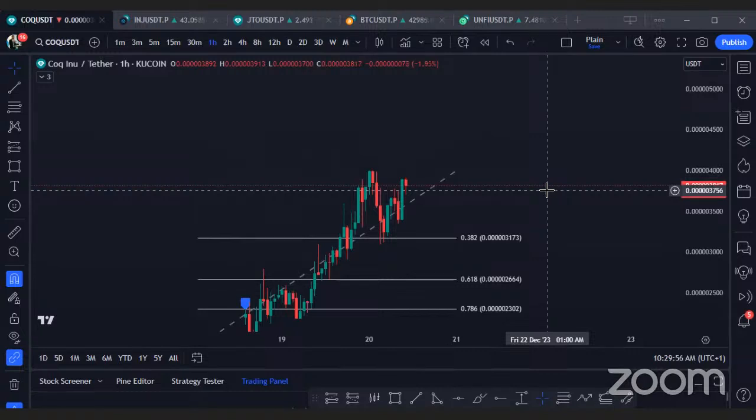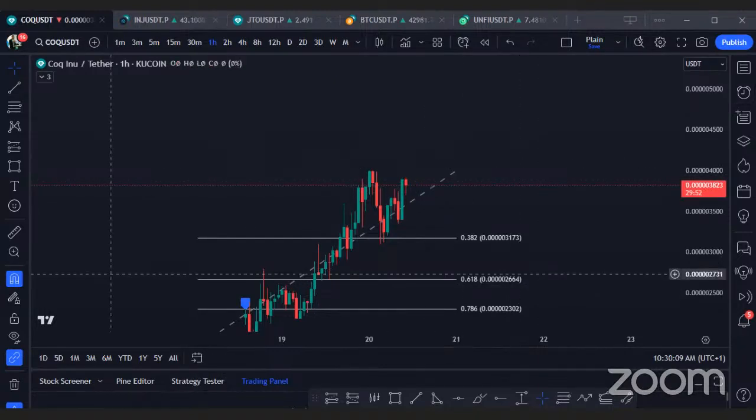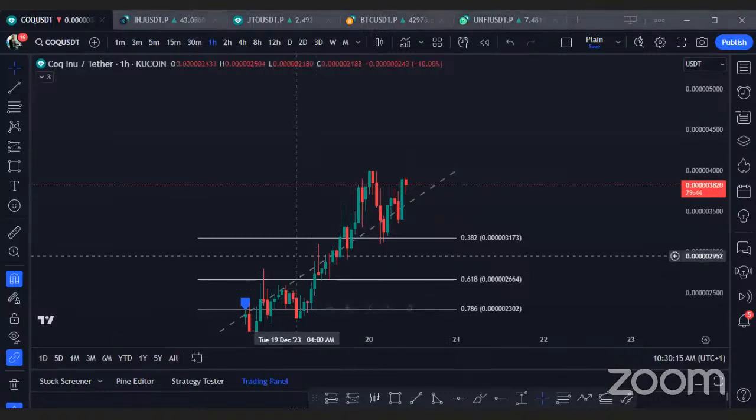I think we have over 200 million in market cap right now, from 120 to 200 million. So if that thing actually grows to a billion, it could mean a lot, guys.